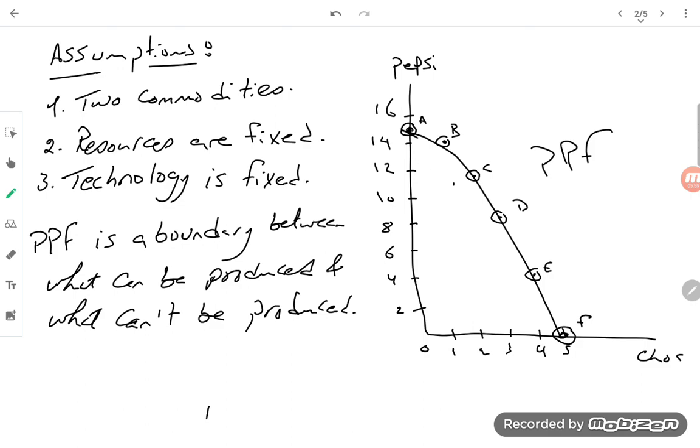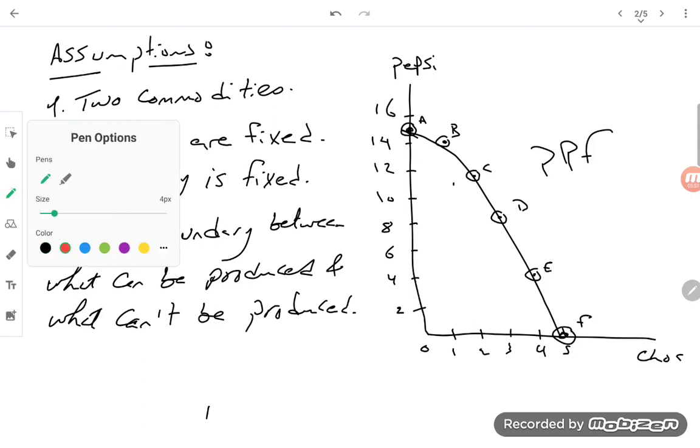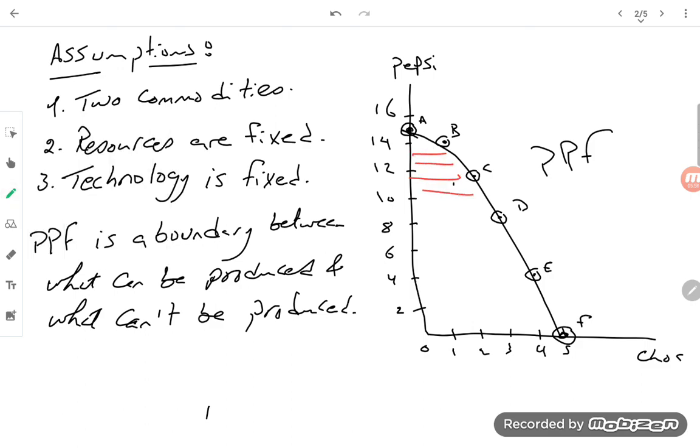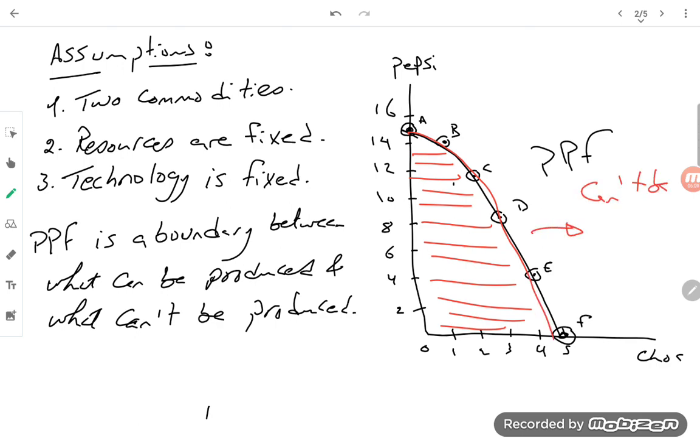So this area can be produced, and outside this area cannot be produced. So PPF illustrates the idea of scarcity. PPF shows also the idea of trade-off.